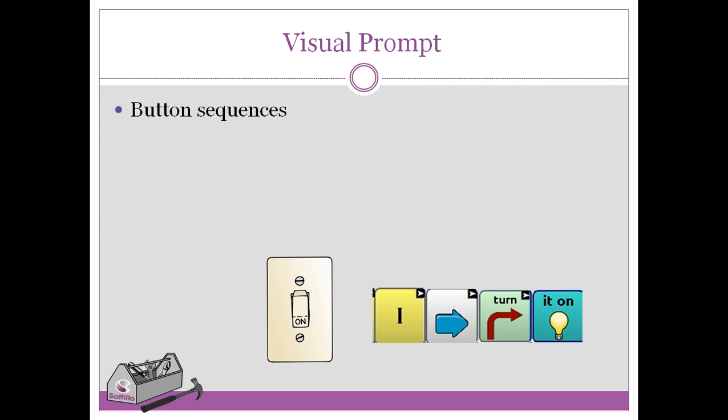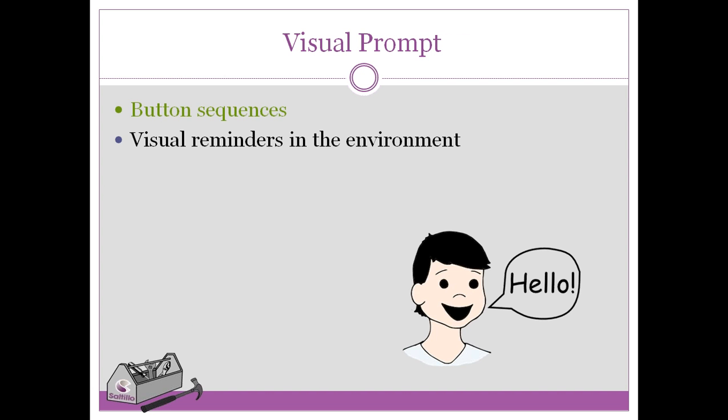So doing a visual prompt, actually putting the sequencing up somewhere so that they can figure out with those pictures, if they want to say to turn it on, those are the buttons that they would have to pick. Visual reminders in the environment, right? When you walk in the classroom, have a great big hello, and maybe then that'll visually prompt them when they walk in somewhere, they say hi to somebody.